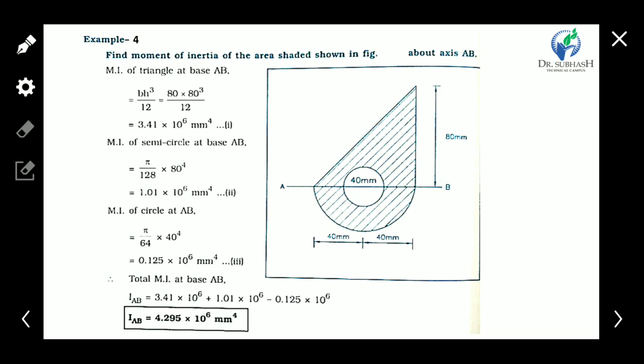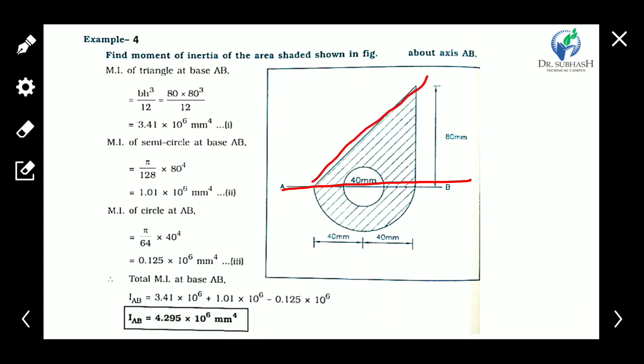We have to find the moment of inertia of these three elements: the first one is the triangle, the second one is the semicircle, and the third one is the circle. So this area is converted into three regular shapes. Now the problem becomes easy because we have to find the moment of inertia about the AB axis.